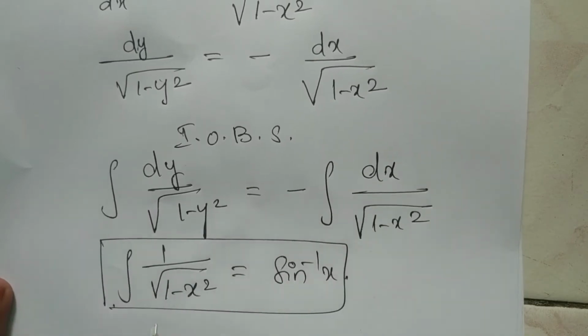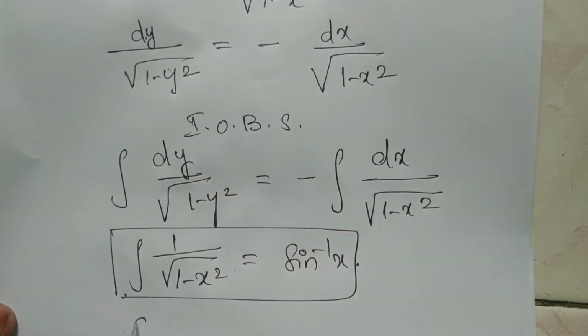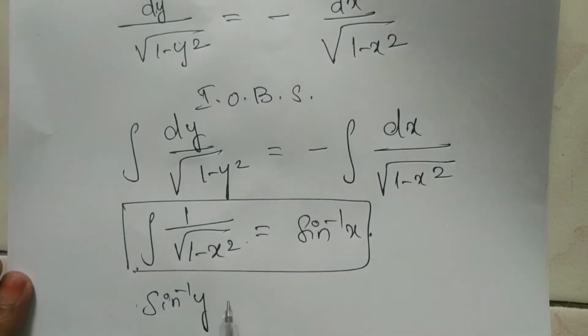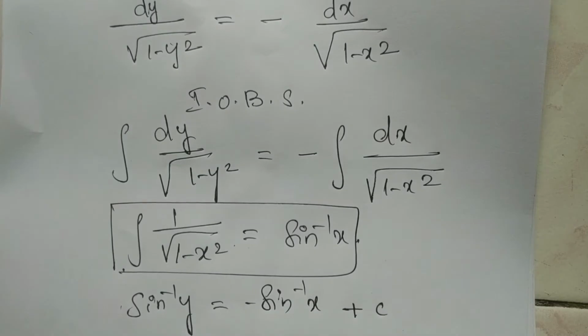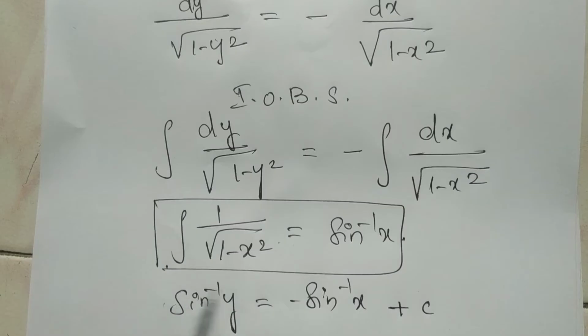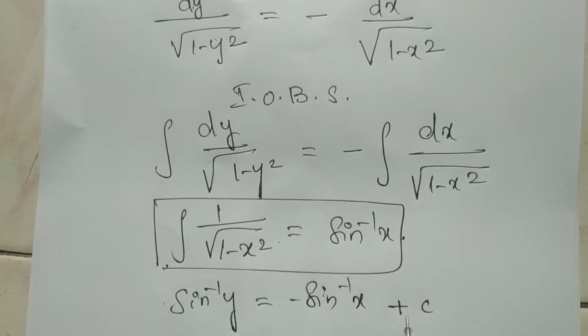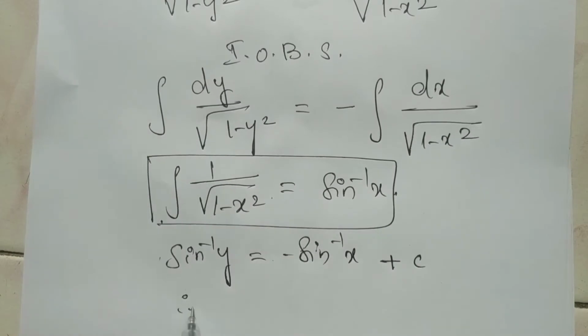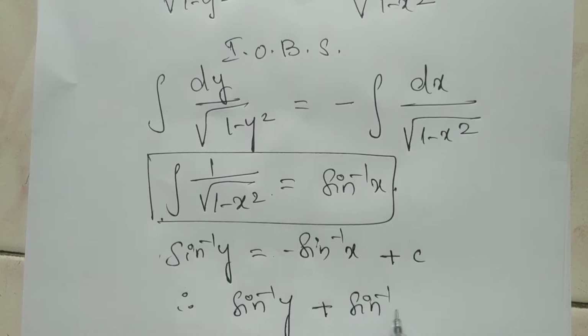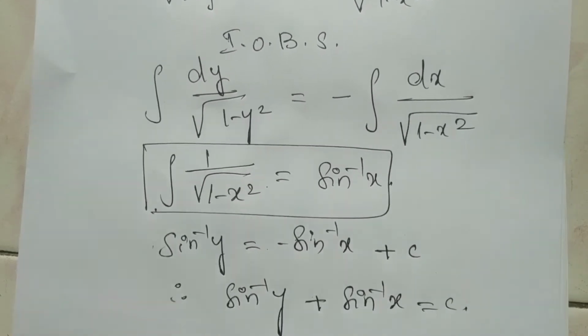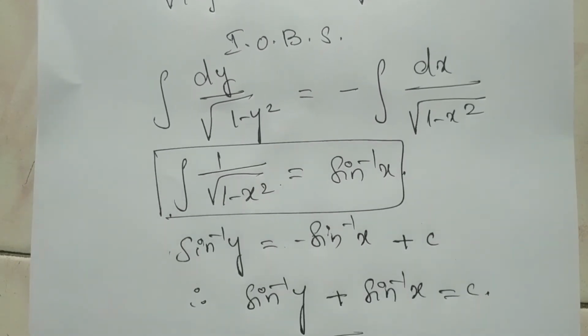By using this formula, we get sine inverse y equal to minus sine inverse x plus c. Therefore finally sine inverse y plus sine inverse x equal to c. So this is our general solution by the variable separable method.